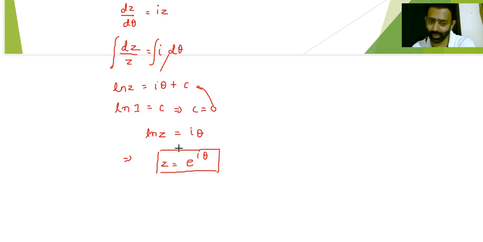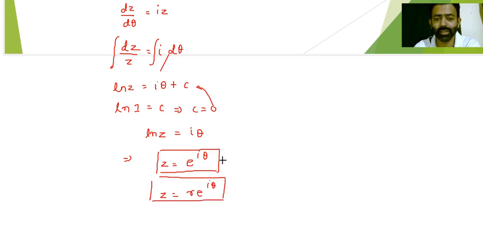If the magnitude of complex number z is r, in general you can write z equal to r e raised to the power i theta. This was the case when r was 1, and this is the case when the magnitude is r.